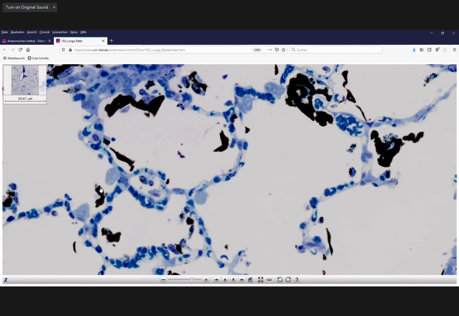And the type 2 cells, they have these Oatland bodies, they are called, after a guy who described this. Some of these vesicle-like structures that we see here are full of phospholipids, which are secreted by the type 2 cells and which are an important part of the surfactant. So you can identify the type 2 cells pretty easily.